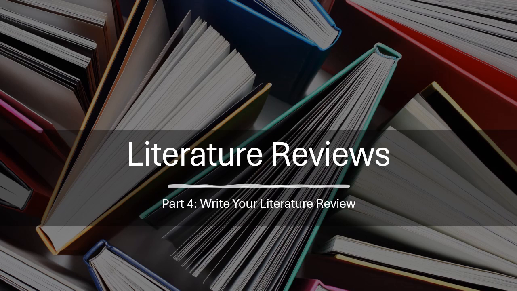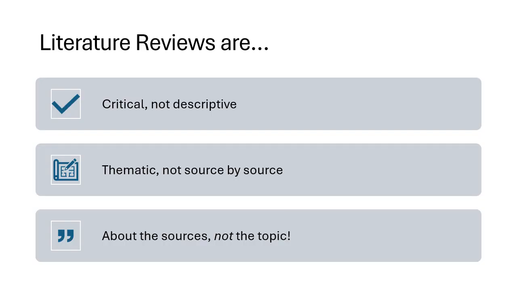In this fourth video, we'll discuss how to structure and write your literature review. As you write your literature review, remember these three things. First, literature reviews are critical, not descriptive. They bring things together and analyze, rather than simply describing.